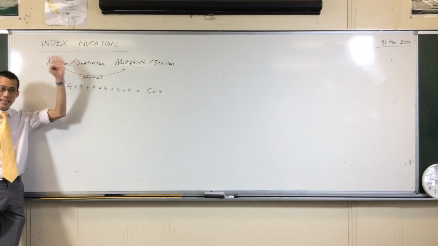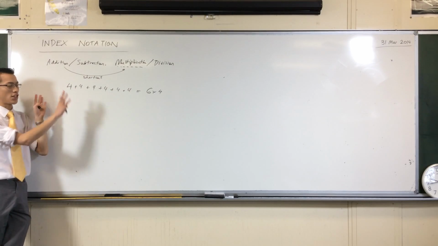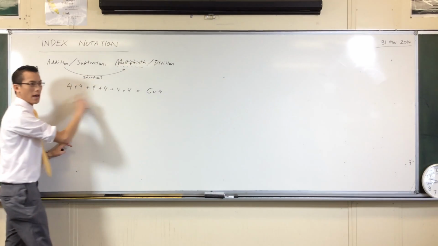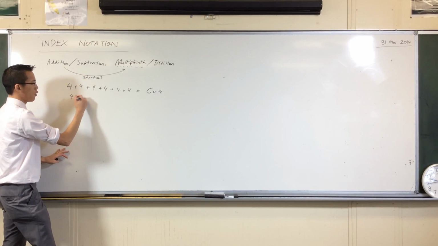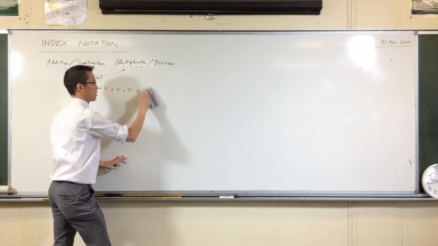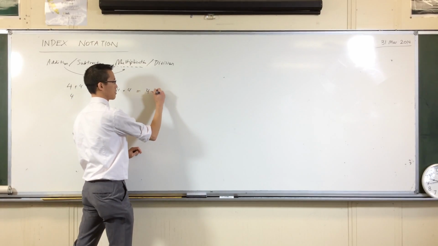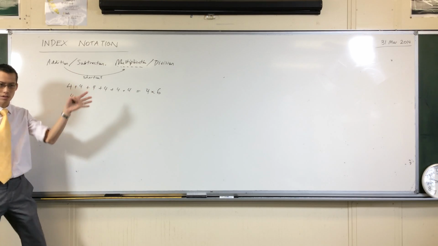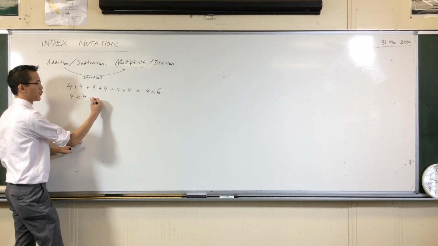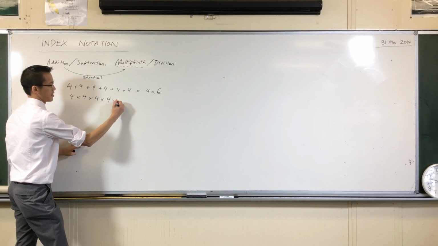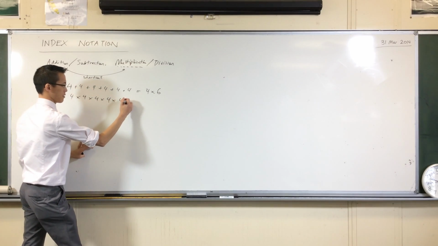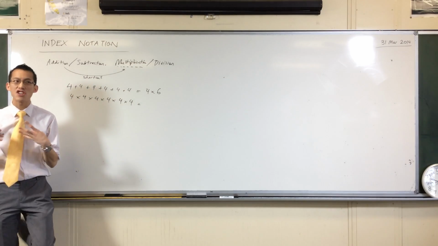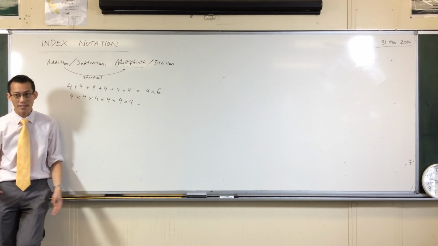Index notation, if you remember this, is just the same thing but to the next level. I should have actually written this the other way around, sorry. 4 times 6. Instead of 4 plus 4 plus 4 and so on, if I had 4 times 4 times 4 times 4, I write this in a new way, again as a shortcut.